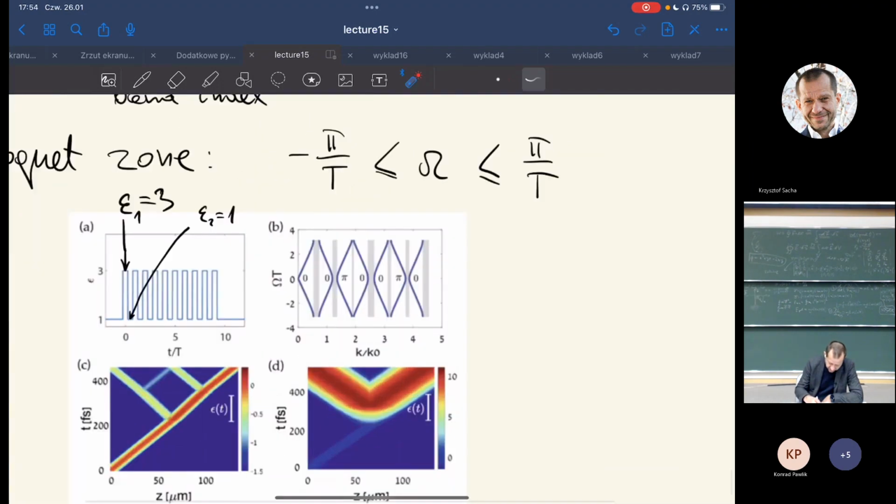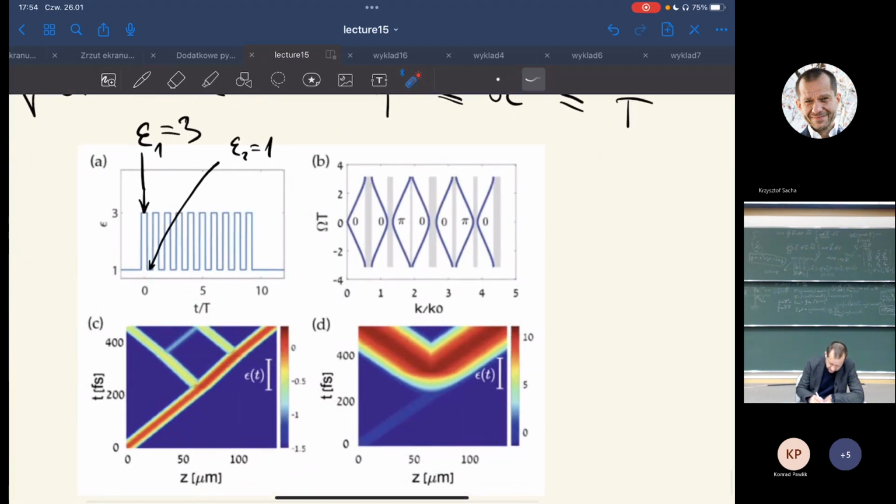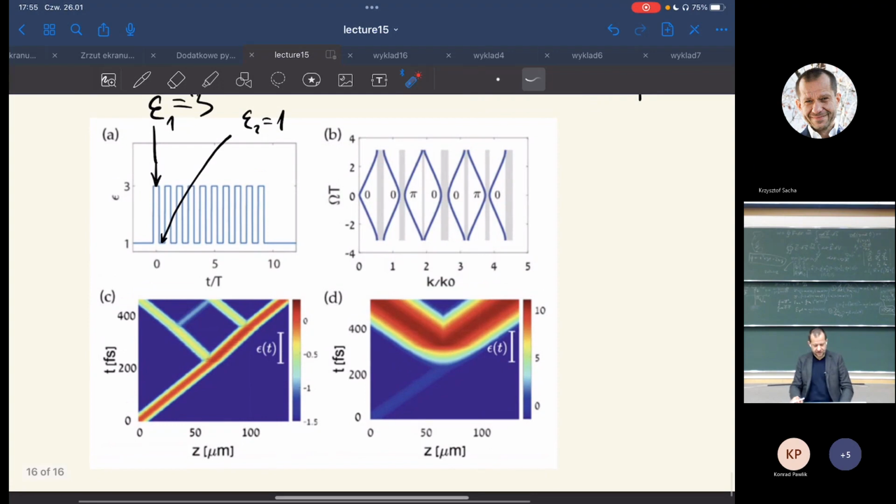And we observe the formation of the band structure, but along the quasi-momentum direction. And now the question is, what happens when our wave propagates in the presence of this time crystal?